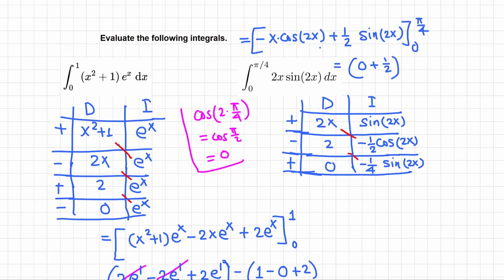Minus, now replace x by 0. So 0 times cosine 0. Cosine 0 is 1, but 0 times anything is 0. Plus 1/2 times sine 0. 2 times 0 is 0, sine 0 is 0. So this is minus 0, but 0 is just 0. It doesn't matter. So 1/2. The final answer is simply 1/2.